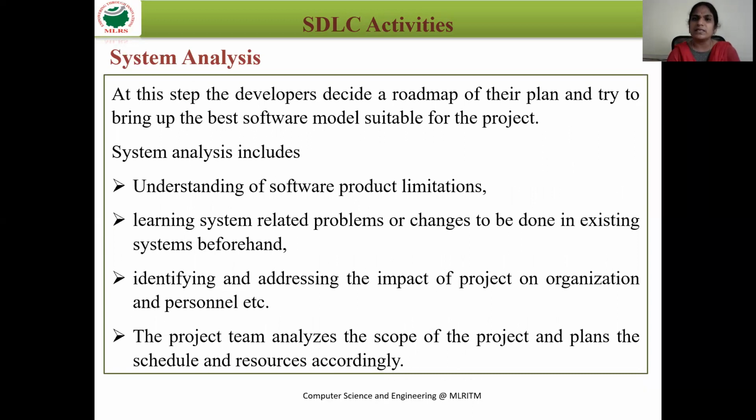So system analysis includes understanding of software product limitations, learning system related problems or changes to be done in existing systems beforehand, and identifying and addressing the impact of the project on the organization as well as on the personnel. And the project team analyzes the scope of the project and plans the schedule and resources accordingly. So these are the activities or the steps involved in system analysis.